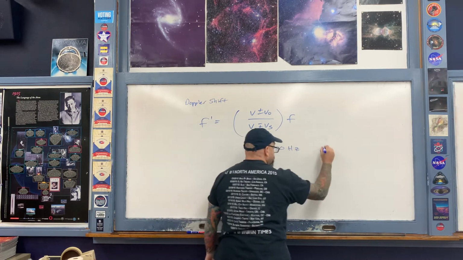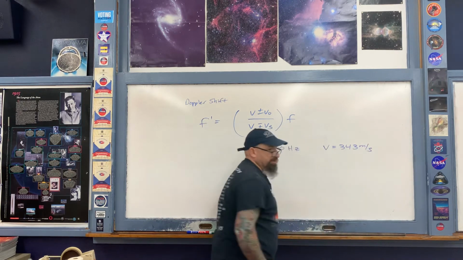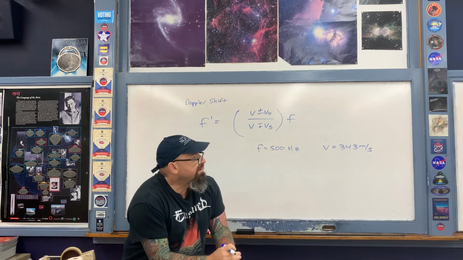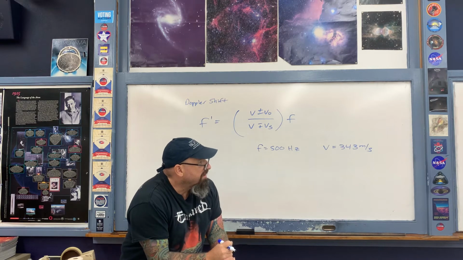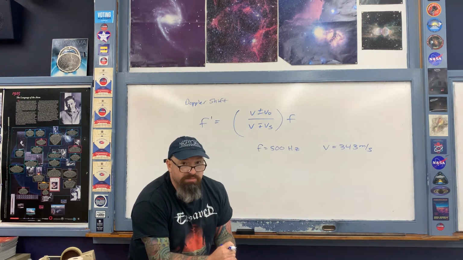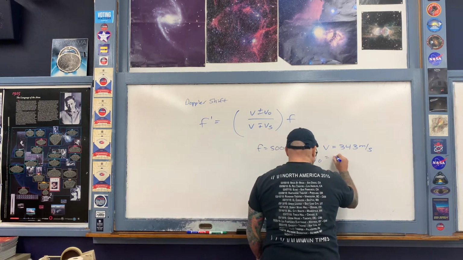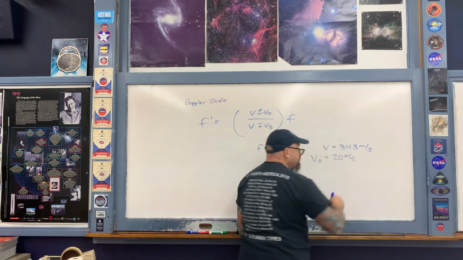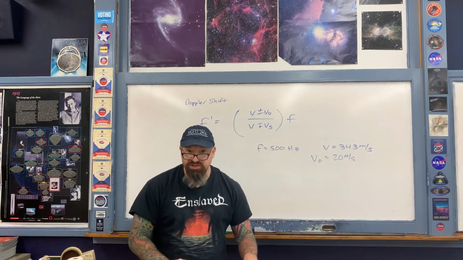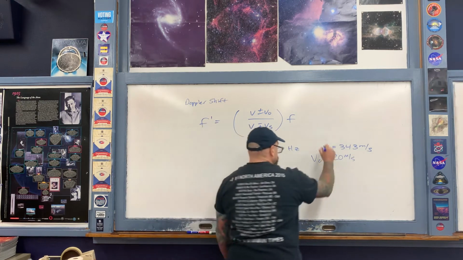Keep in mind, by the way, that the speed V, which is the speed of sound, is 343 meters per second. Then an observer is moving in a car at a speed of 20 meters per second. So we're given that VO is 20 meters per second. That's the speed of the observer. By the way, because the source of the sound is stationary, this means that VS is equal to 0.